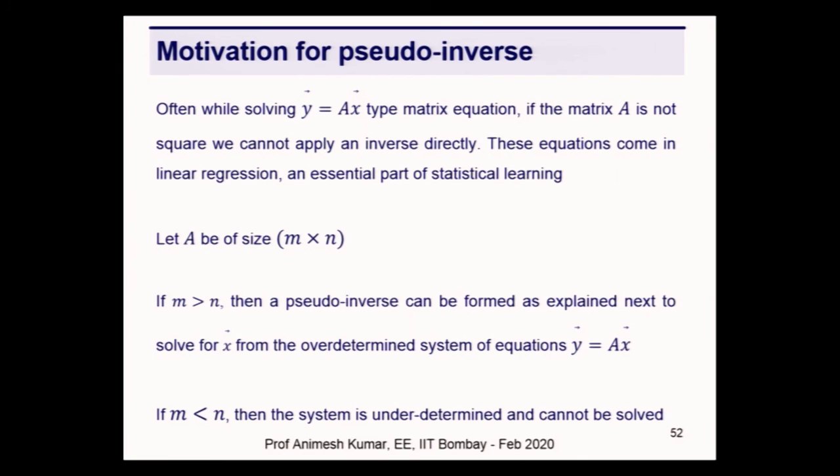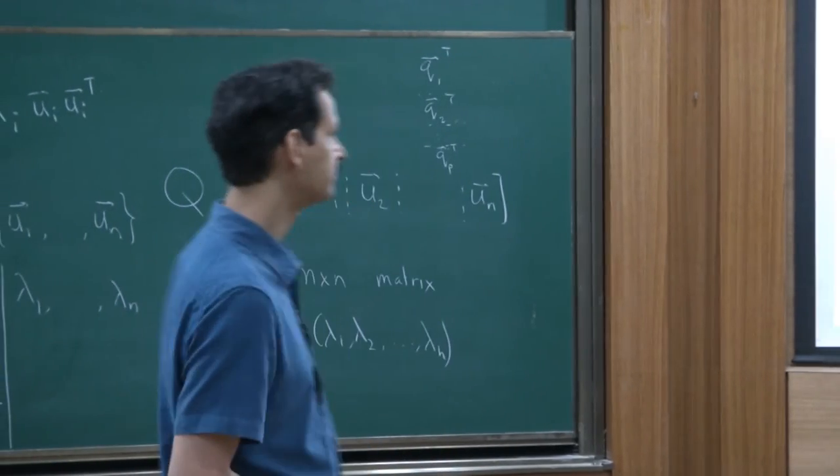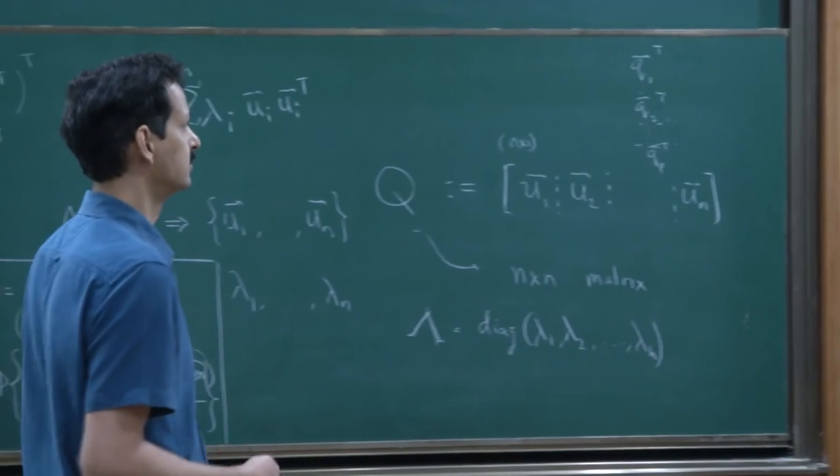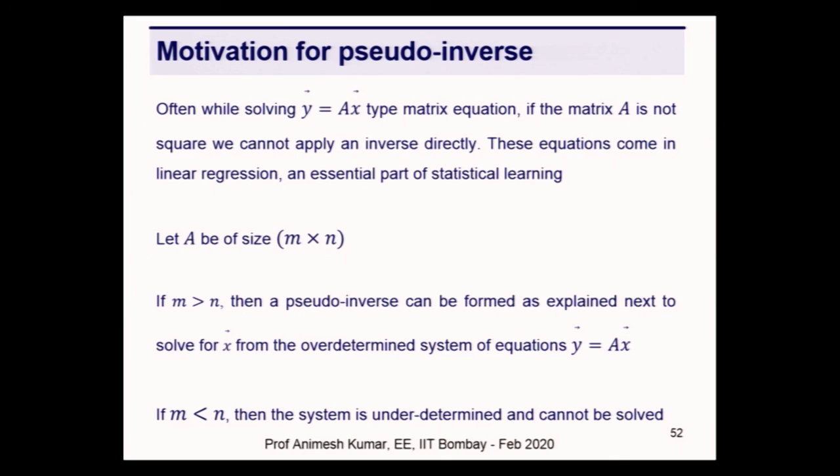On the other hand, if M is less than N, with fewer equations than unknowns, then the system is often called underdetermined and cannot be solved unless you make more assumptions such as sparsity and so on. All right. So we have an overdetermined system of equations, and that's why we need a pseudo inverse.